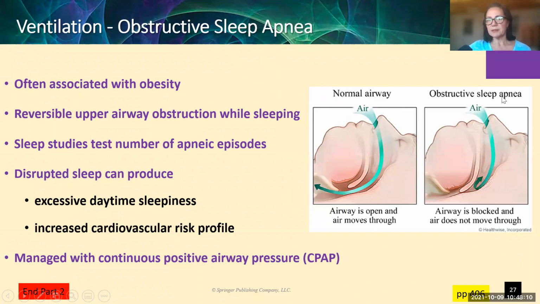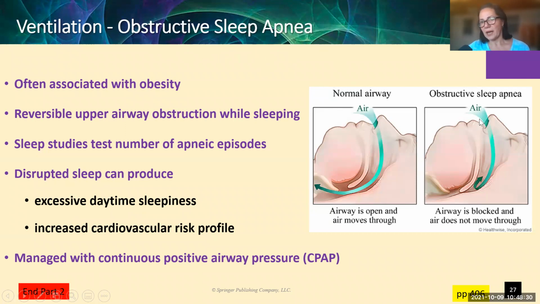With obstructive sleep apnea, so apnea, I should define that. So pnea, like pneumonia, this is breathing, and the a means not breathing. So something's interfering with the patient's breathing while they're asleep.